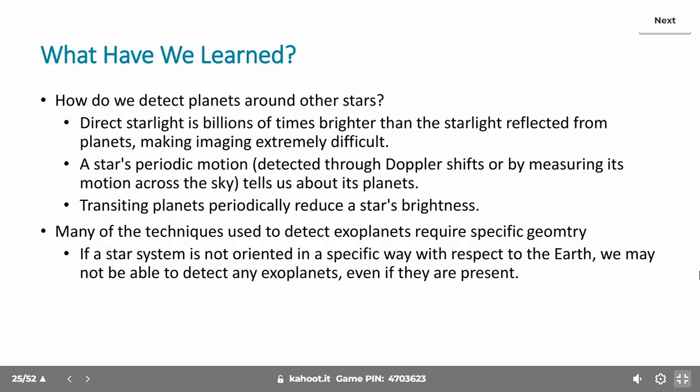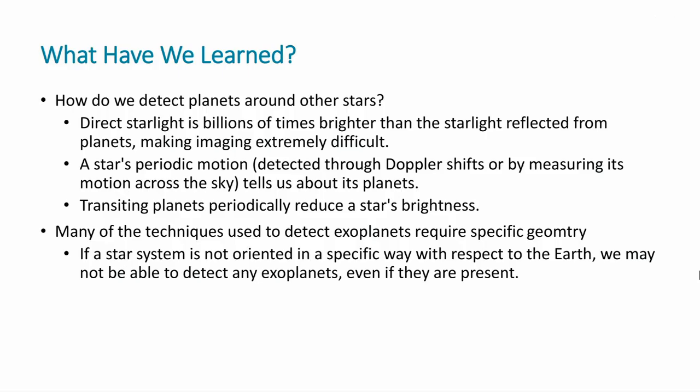So scientists are pretty smart, and we've come up with a lot of different ways to detect these exoplanets around other stars. It's hard to image them directly, so we use a lot of indirect techniques like the Doppler shift method or exoplanet transits.